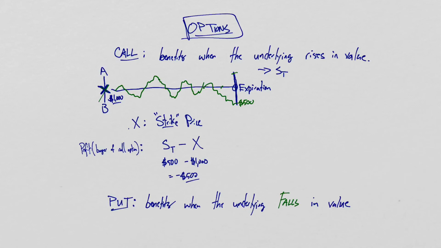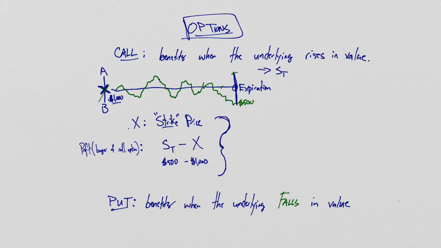But this is a loss that a buyer of an option wouldn't have to incur. A forward contract, definitely. This would be the loss for the buyer of the forward contract. But for the call option buyer, they have like a special privilege, if you will.